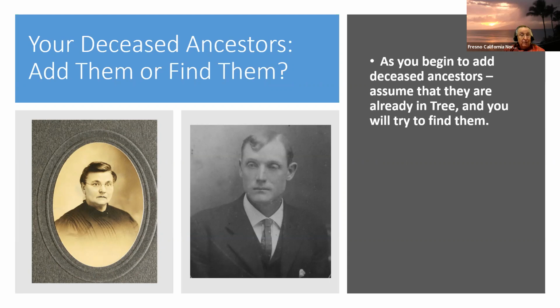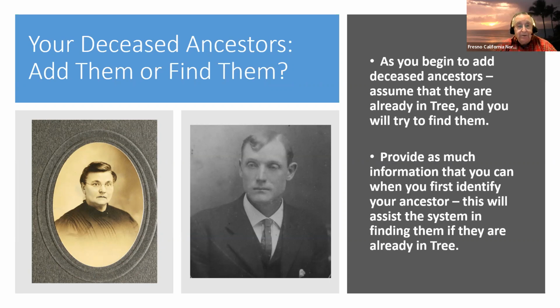Every time you go back another generation, it's much more likely that they're there. So assume they're already there, and your job is just to find them in those 1.7 billion names. Provide as much information as you can, and that will help you identify these people for the most part, because that assists the system in finding them.